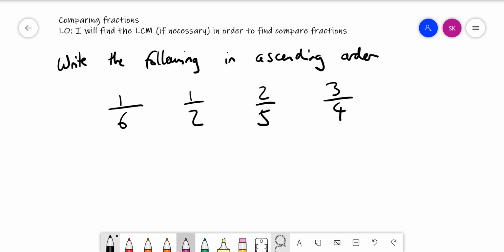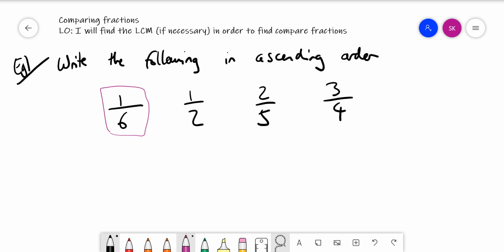So this question here, this example, call it EG1, you could use a method in terms of what the learning objective is talking about, finding the LCM of all the fractions, but I would hope that you can look at these fractions and just know that this one here and this one here, they're less than a half.